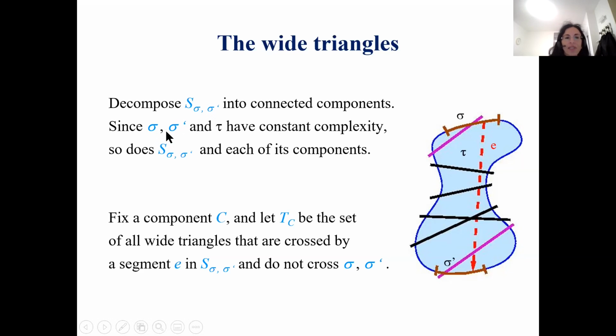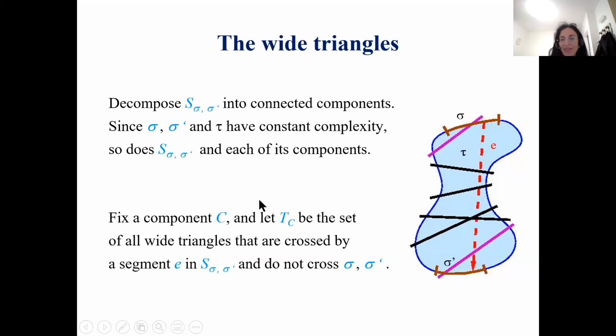Now, since sigma and sigma prime and tau have constant complexity because the degree D is a constant, the set S sigma sigma prime, the set of all those segments going from one cell to another, also has constant complexity. It has a constant number of components in particular. So we fix such a connected component. This is an algebraic set, but I hope at least you can follow the general idea. So we fix such a component C of the set S sigma sigma prime.